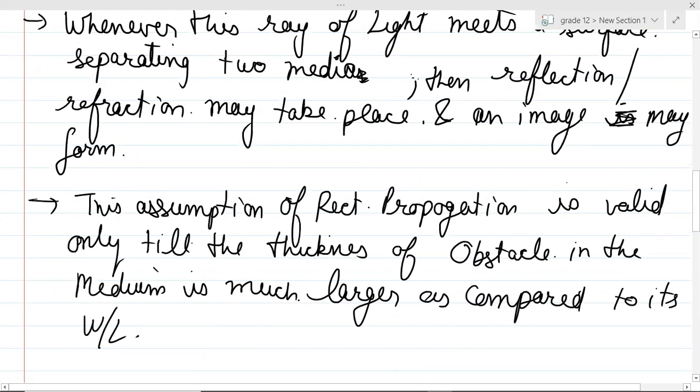So this assumption of ray optics is only valid till the time the thickness of the obstacles is way larger as compared to the wavelength.